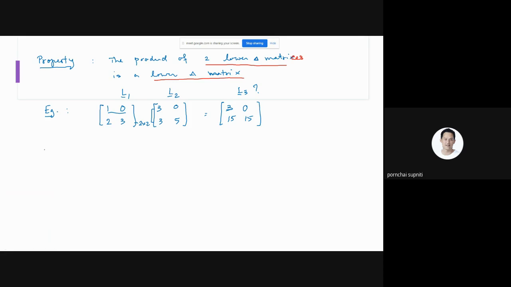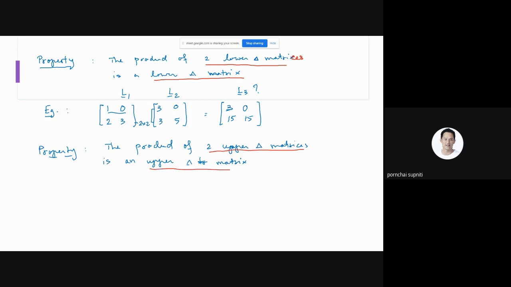Similarly, you can guess, the product of two upper triangular matrices is also an upper triangular matrix. I'm not going to give an example here, because you can sort of guess.